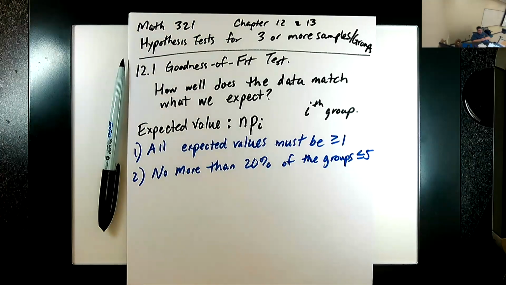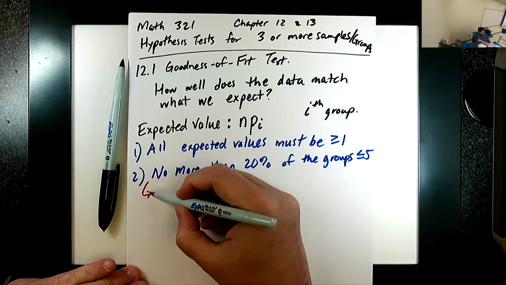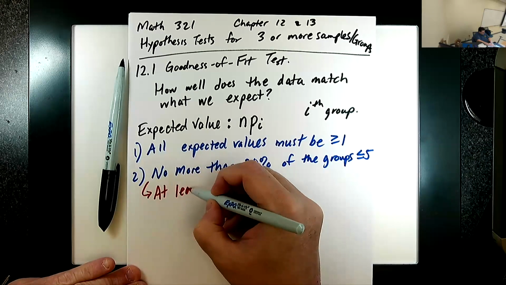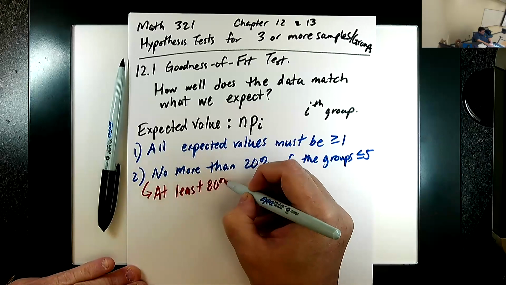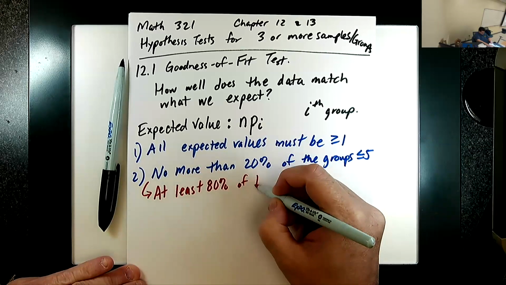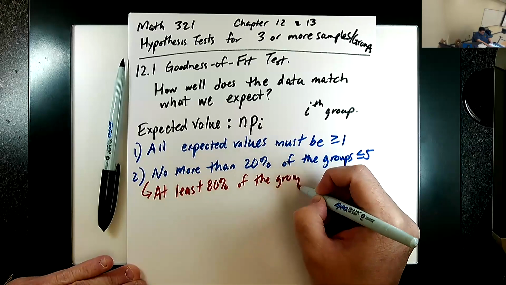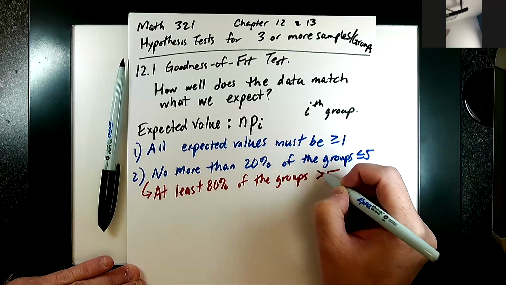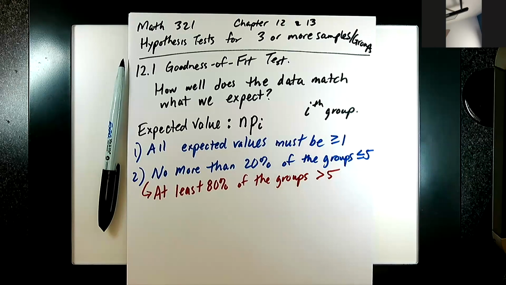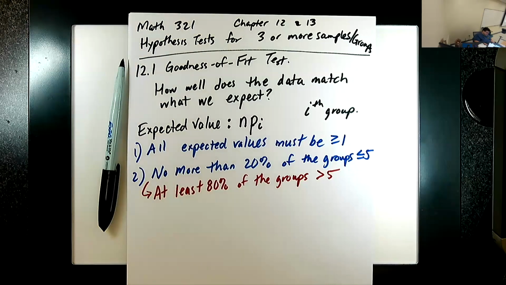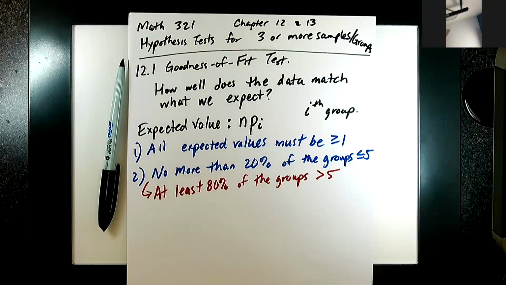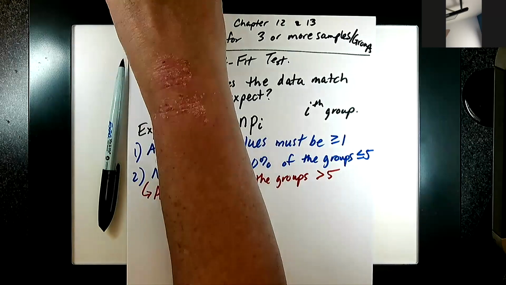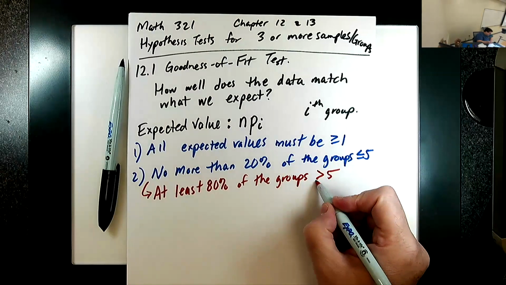I'm sure they're going to ask you a question like this on the homework. So there's another way to rephrase this last one. You could also say at least 80% of the groups are greater than 5. That's the other way of looking at it. We'll throw the equal sign in there, not just greater than, but greater than or equal.